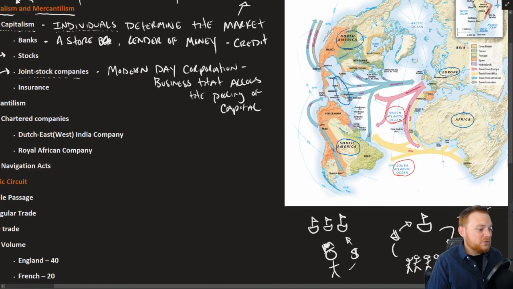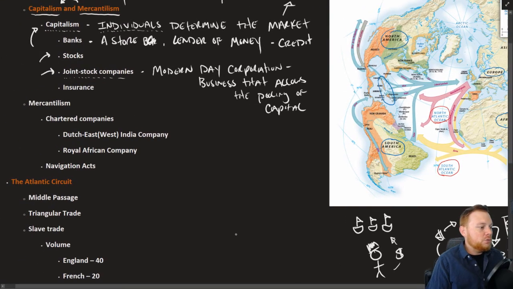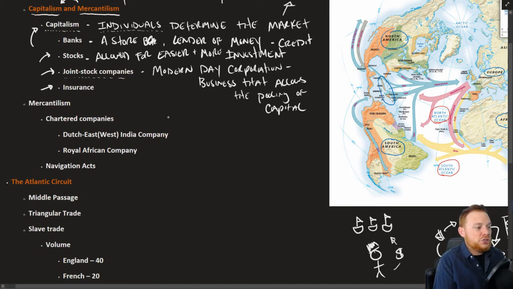So we might say for stocks, allowed for easier and more investment. Lastly, you had assurance, especially commerce insurance. This could make trade less risky.